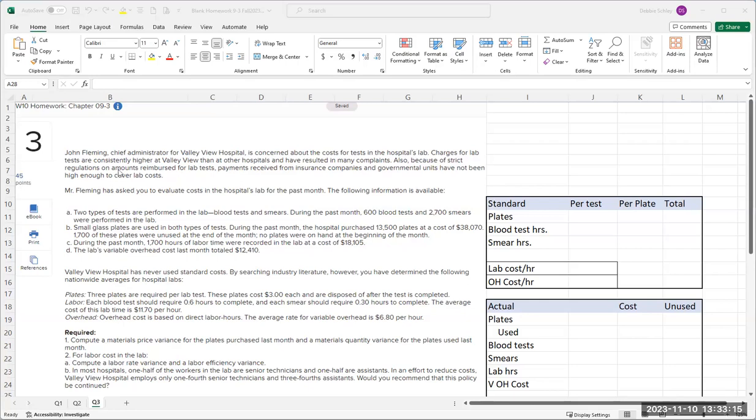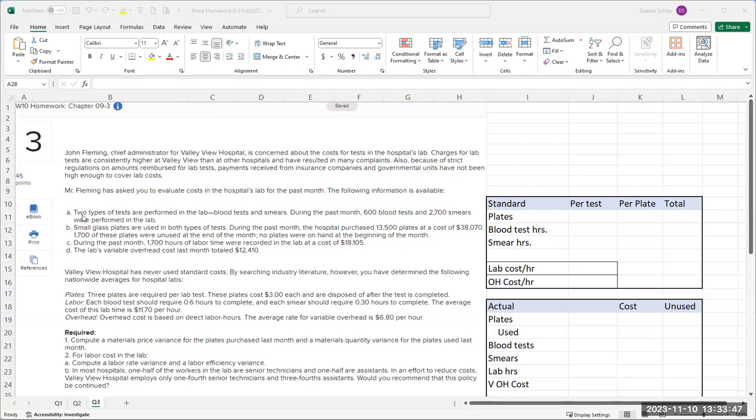Charges for lab tests are consistently higher at Valley View than at other hospitals and have resulted in many complaints. Also, because of strict regulations on amounts reimbursed for lab tests, payments received from insurance companies and governmental units have not been high enough to cover lab costs. Mr. Fleming has asked you to evaluate costs in the hospital lab for the past month. The following information is available.